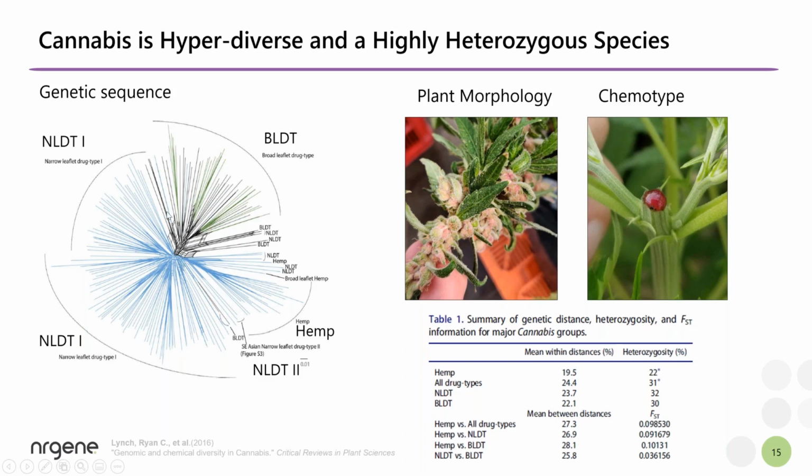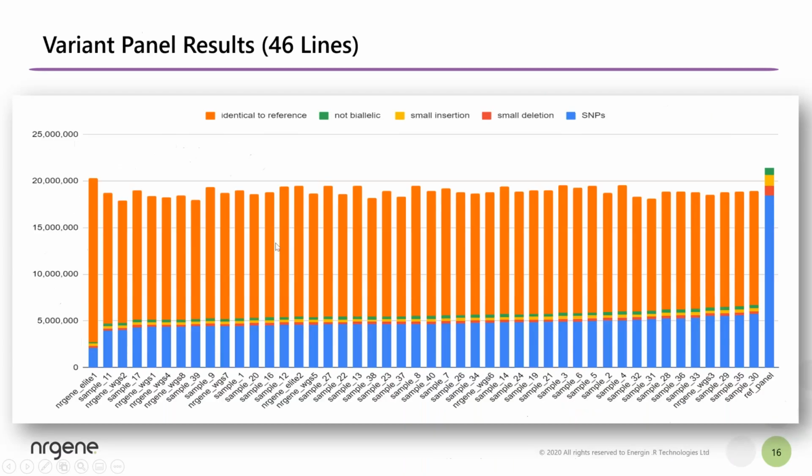On one hand, it makes the analysis complicated; the heterozygosity and the extreme diversity are difficult to analyze. But on the other hand, because there are a lot of differences and a lot of diversity, we can capture this diversity and convert it into a unique identifier for each individual plant. This is exactly what we do in our CannSCAN genotyping.